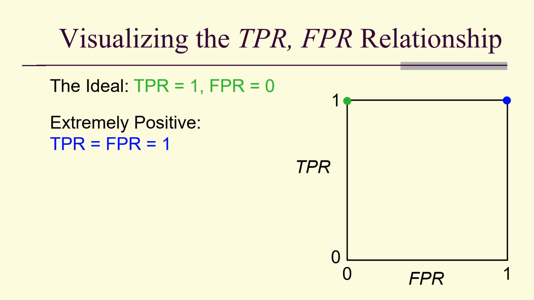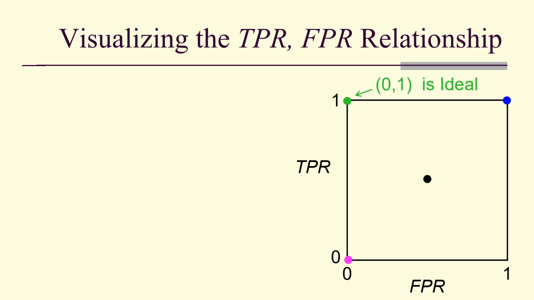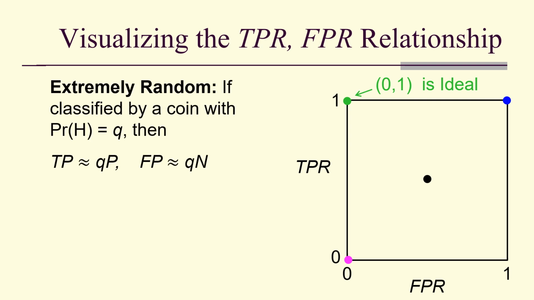The extremely positive classifier is at the corner where you have 1, 1 for false positive rate, true positive rate. The extremely negative case is the origin. And coin toss is right there in the middle, 1/2, 1/2. So remember, this point at 1 on the y-axis, that's the ideal.